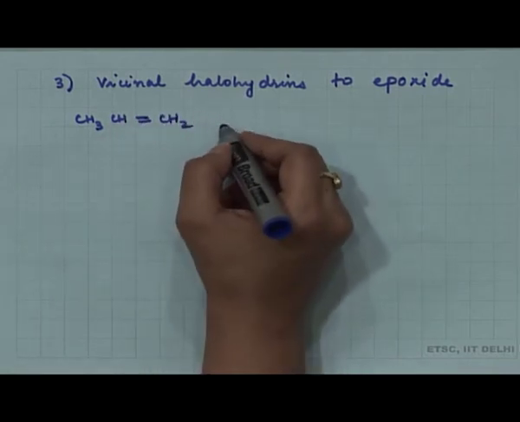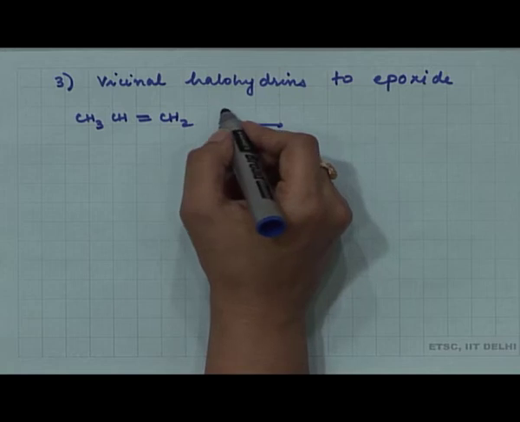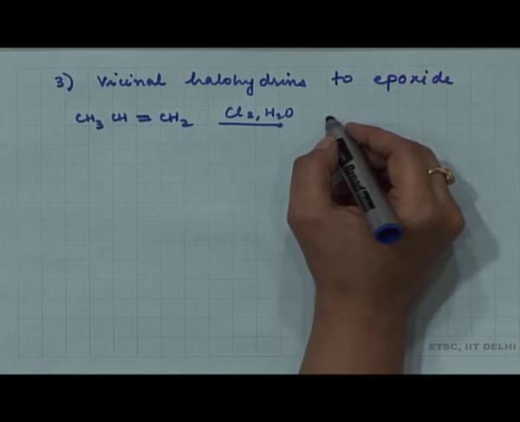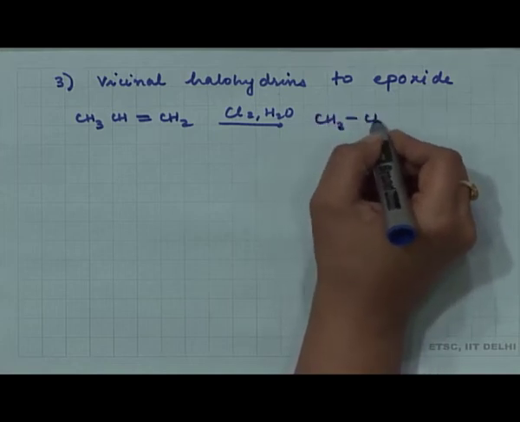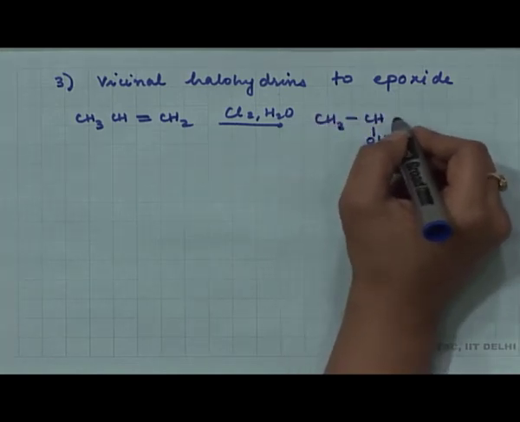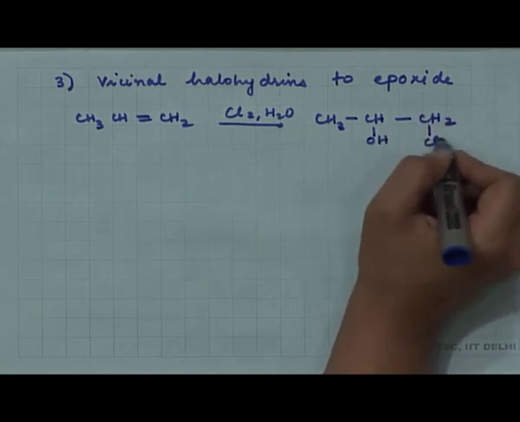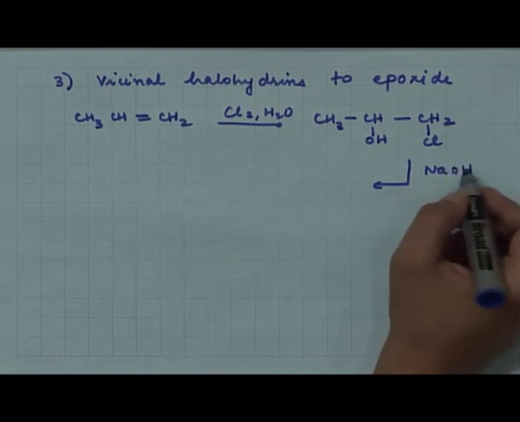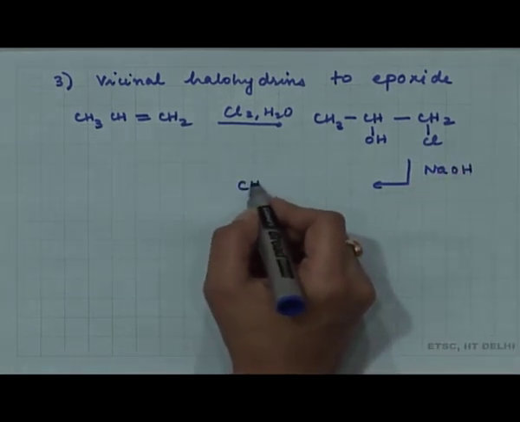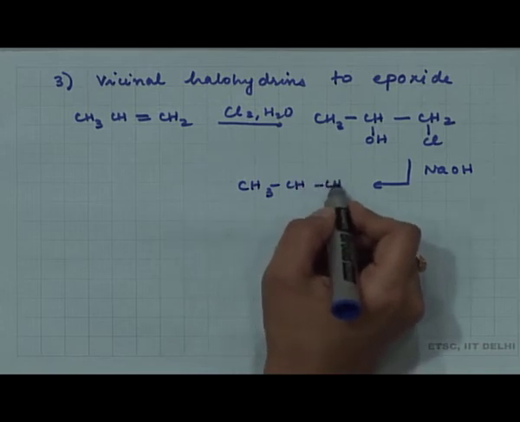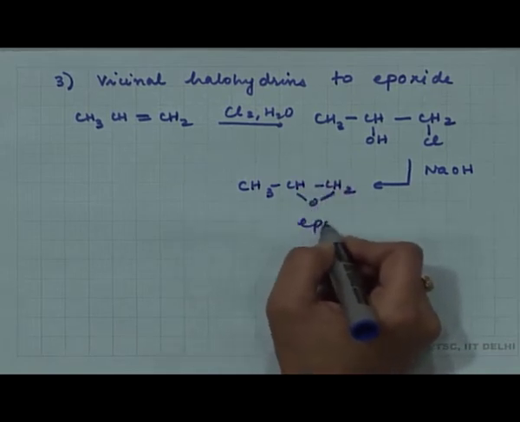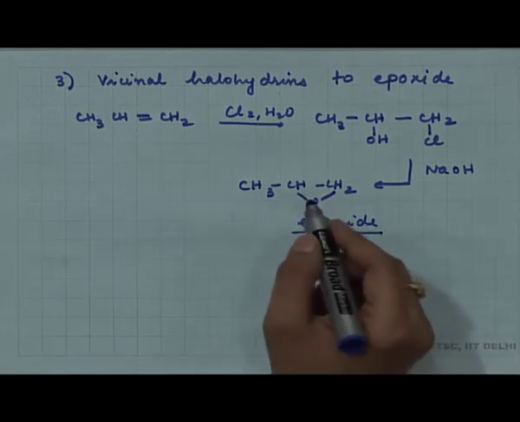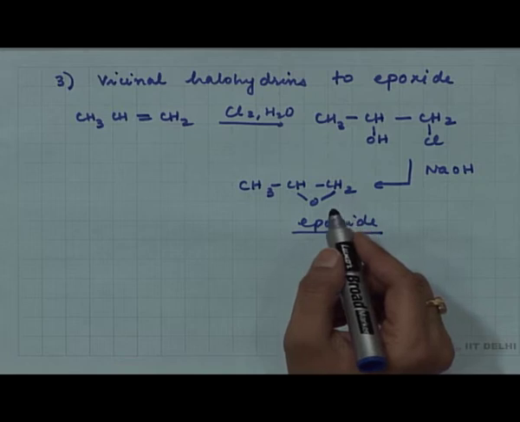If you recollect, we did this earlier when we were talking about the alcohols, that a hypohalous acid can form, and it undergoes an addition reaction on the olefin double bond, and you get this kind of a halohydrin, which under alkaline conditions, in the presence of the base, can result in the formation of epoxides. This we did earlier also. This is one of the methods for preparation of these cyclic ethers, which is the vicinal halohydrin to epoxide.